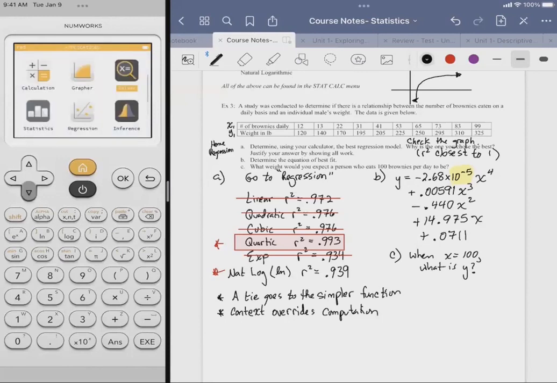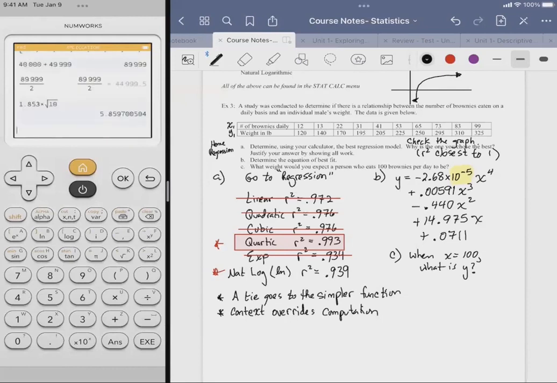So, all right. Trying to think of the easiest way to do it. If you want, you go right into the home screen and go to calculate and just type in the 100 for X. So let me show you that way first, because that's the most straightforward approach to doing it. But then I'll show you another way. I do have to take attendance, so I'll do that in a minute also.